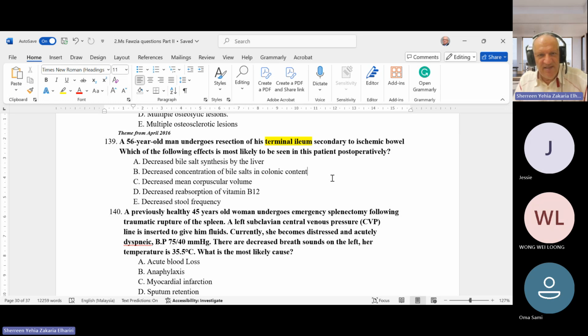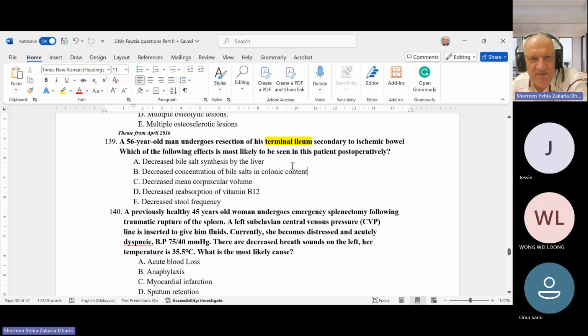So they need a healthy stomach and they need terminal ileum. Because nowadays a lot of patients have bariatric surgery, they remove a big part of the stomach, bypass, and all this. So this patient most probably has a problem in vitamin B12 absorption. Also, we know that iron needs HCl, so they may also have combined iron and vitamin B12 deficiency.